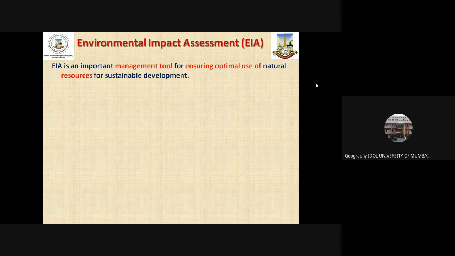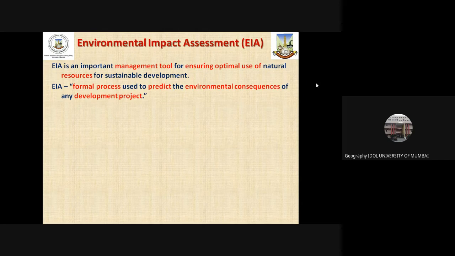Environmental impact assessment is an important management tool for ensuring optimum use of natural resources for sustainable development. It is a formal process used to predict the environmental consequences of a development project.